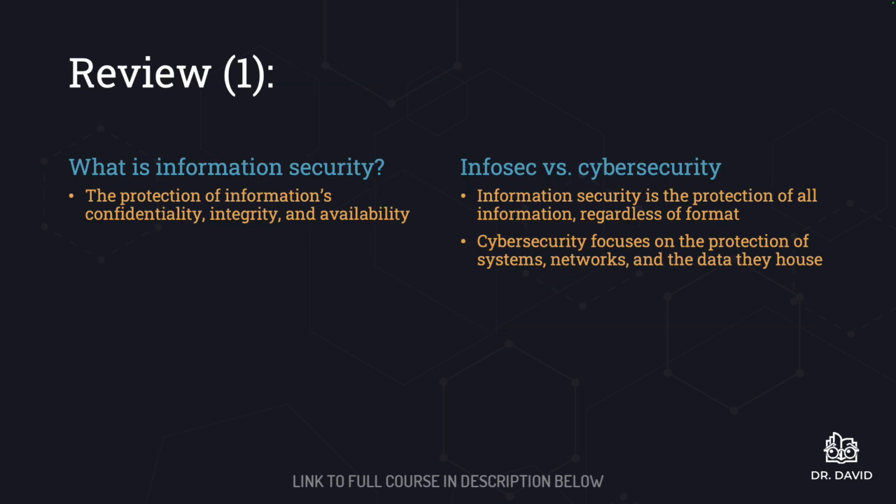In this lecture, we have provided a brief overview of the CIA Triad. You need to remember for the exam that information security is the protection of information's CIA, again, confidentiality, integrity, and availability. Remember that information security is the protection of all information, regardless of format, whereas cybersecurity is the protection of systems, networks, and the data that those systems and networks house.